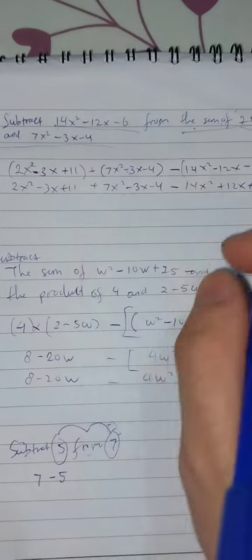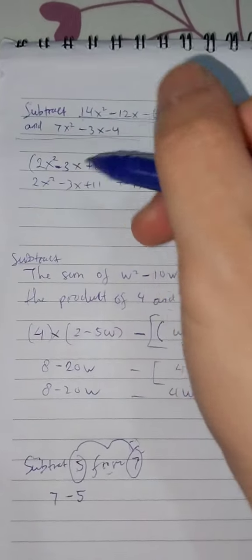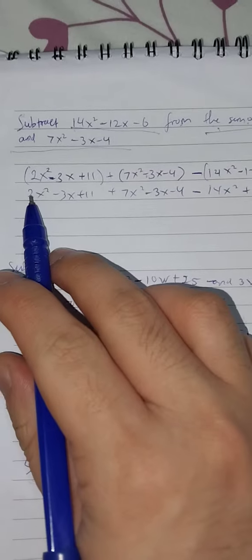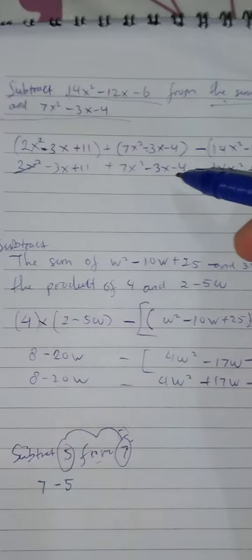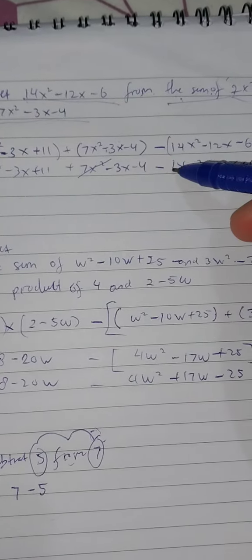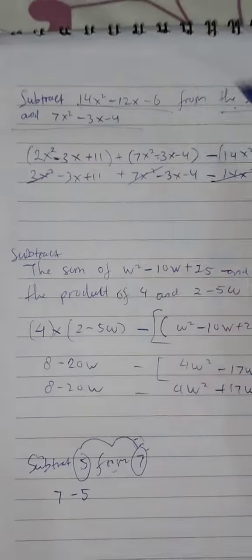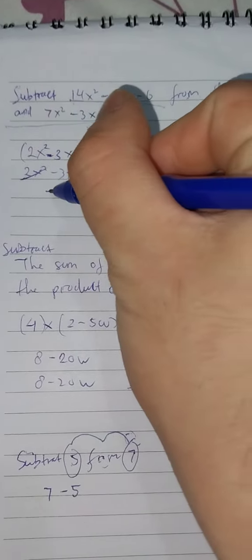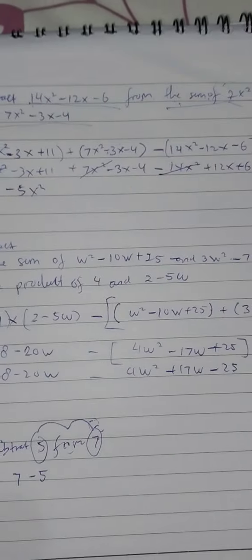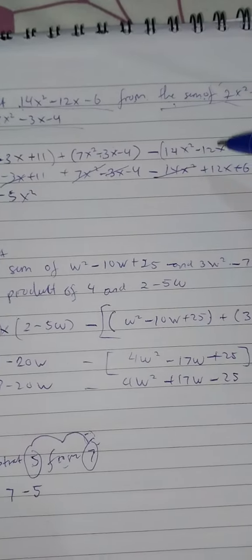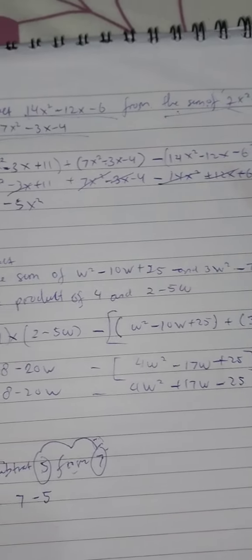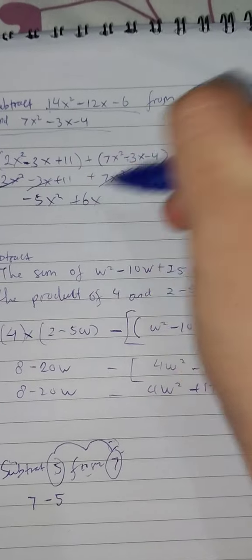Now let's simplify this. Let's collect the x squared term first. So 2x squared, and I have 7x squared minus 14x squared. That will give me minus 5x squared, and the x term: minus 3x, minus 3x, minus 6x, and then plus 12x, that means plus 6x, right?